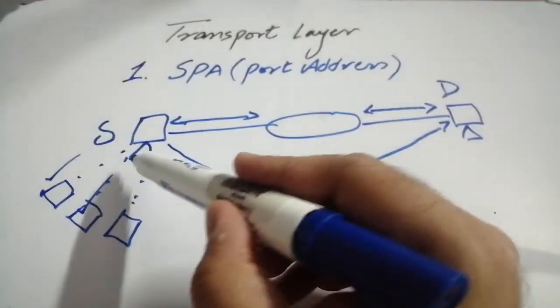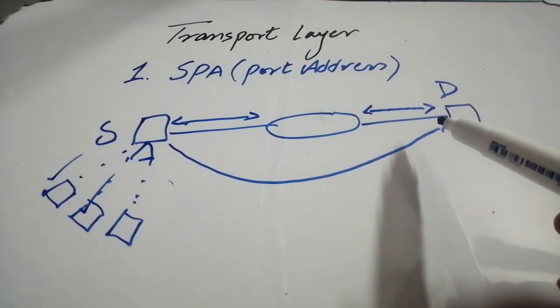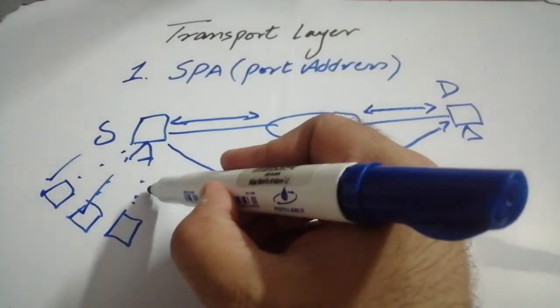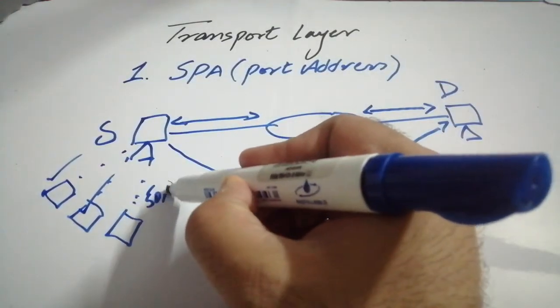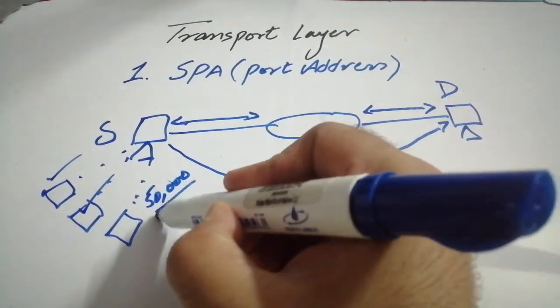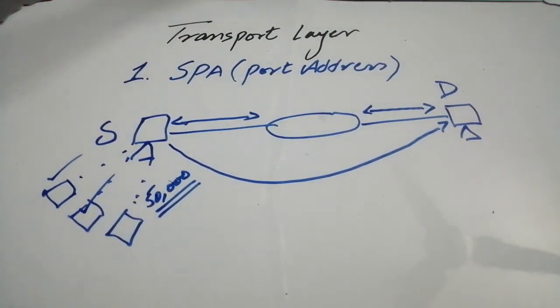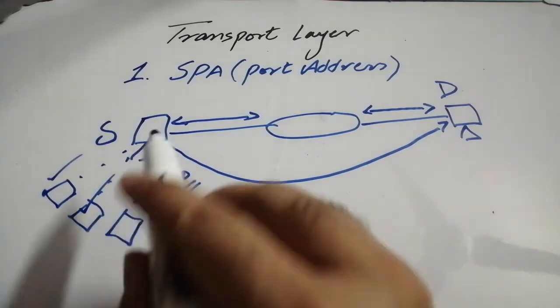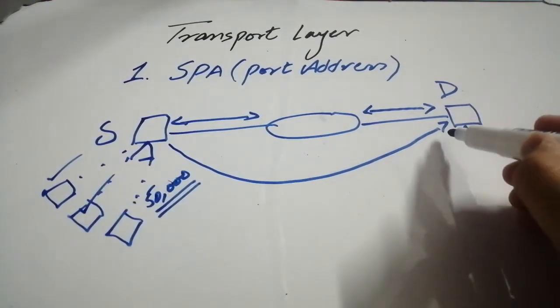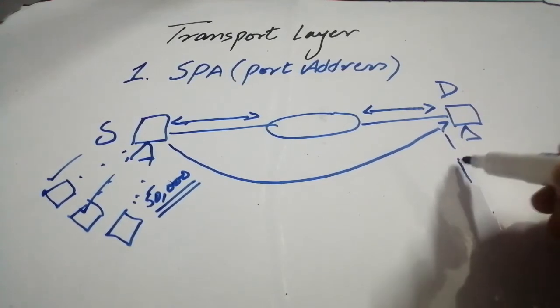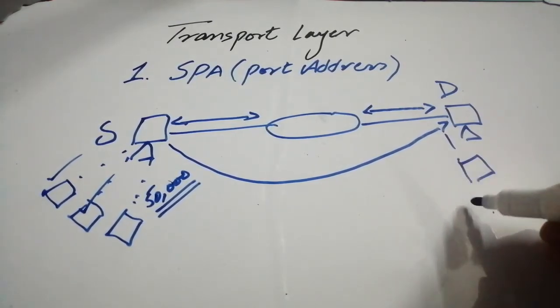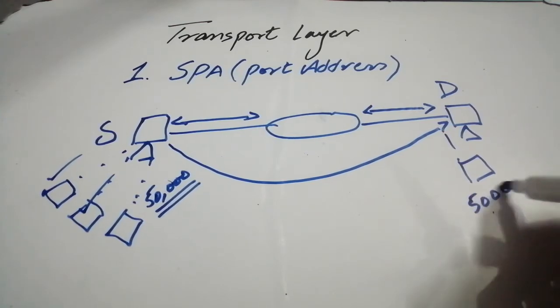Similarly, if data is being transmitted to the destination at source, there must be a port number. For example, here I've taken 50,000 as one of the port. And it is sending this data to a service which is using port number 5000.